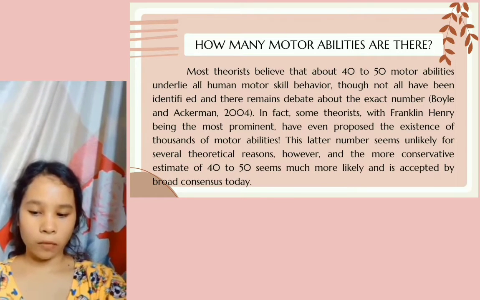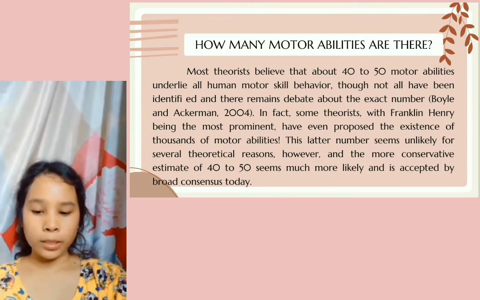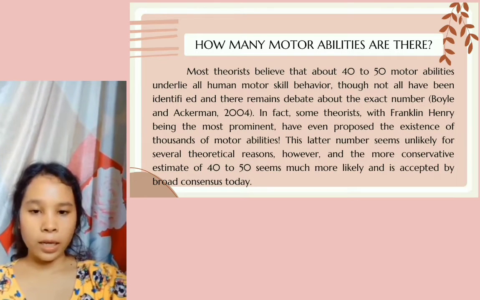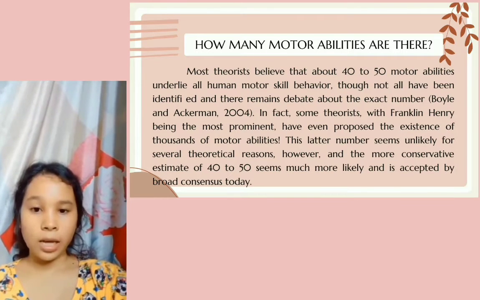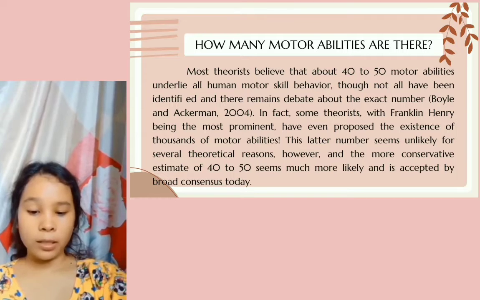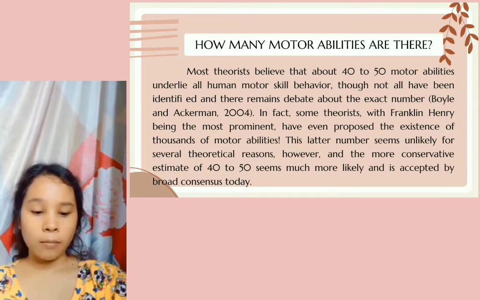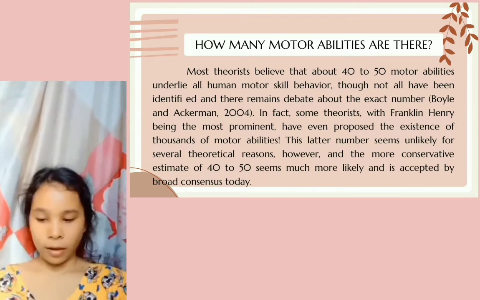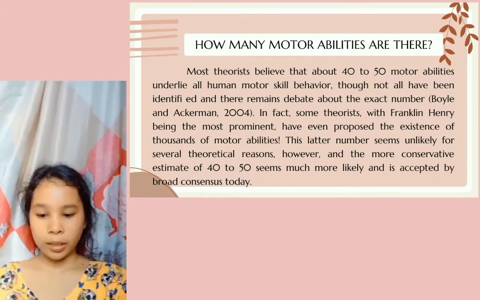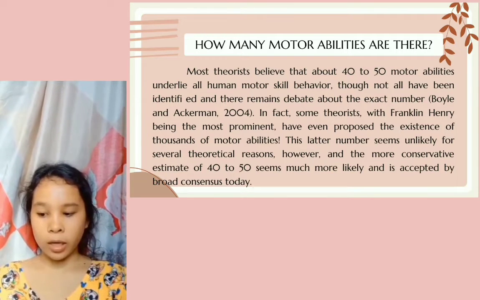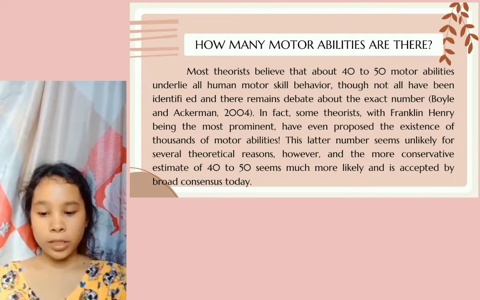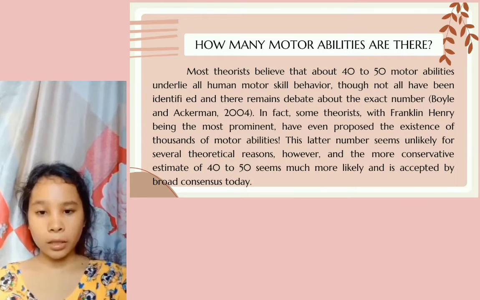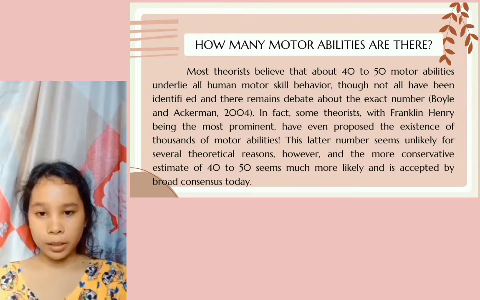The most complete system for identifying and classifying motor abilities is one developed in the mid-1960s by ergonomics engineer Edwin Fleishman. Fleishman's taxonomy of motor abilities is based on a tremendous amount of research and resulted in the identification of 21 separate motor abilities.